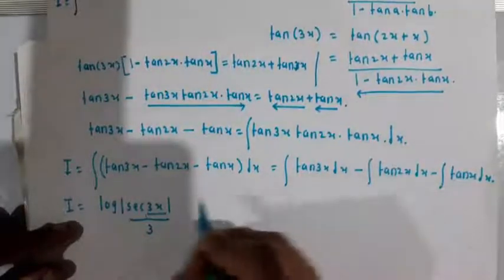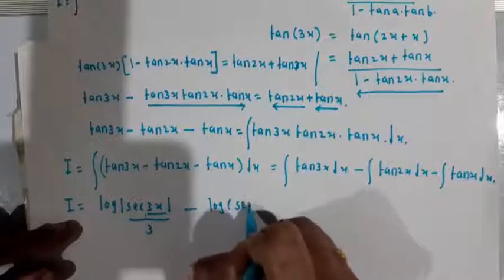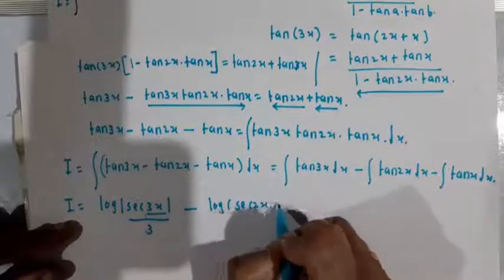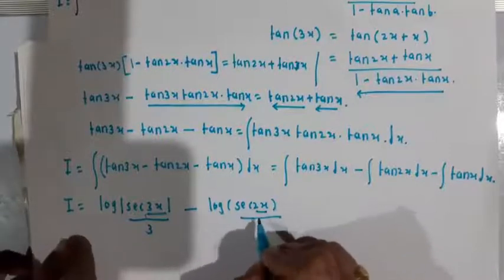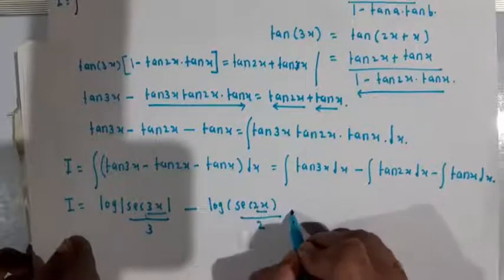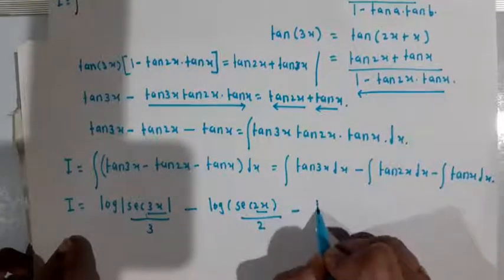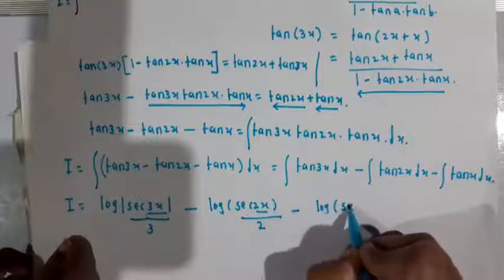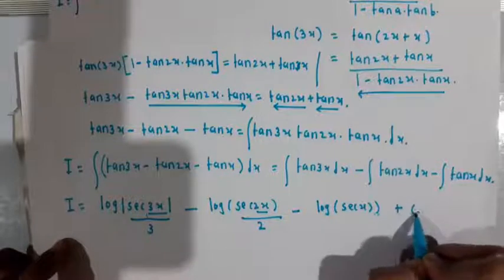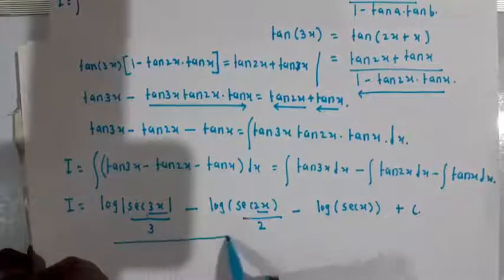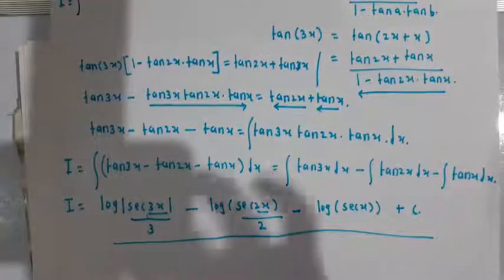Now integration of tan of 2x is log of sec of 2x. 2x is again a differentiable function, that's why differentiation is 2 and divide by 2, minus integration of tan of x is log of sec of x, directly the formula, and plus constant of integration c, and this is the integration of the given problem.